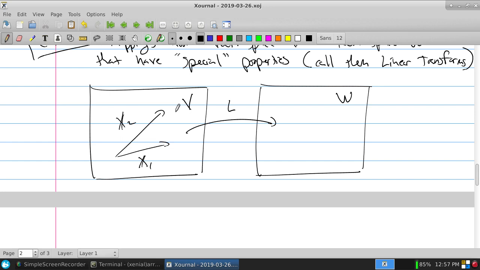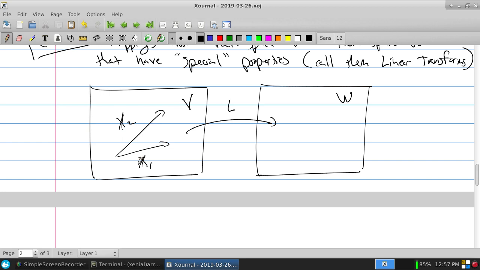Then I map them to some other vector space. I could map continuous functions to three-dimensional space, or map the polynomial vector space to a continuous function vector space. We're just mapping across and seeing what happens.